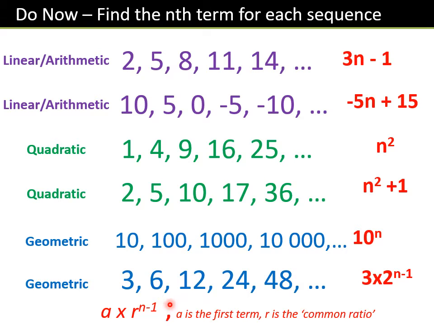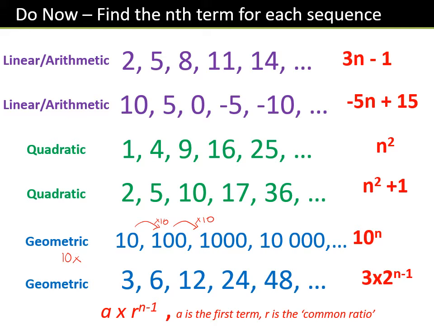That comes from this formula, a times r to the n minus 1, where a is the first term and r is the common ratio. Don't worry too much if you've forgotten that. We are coming back to that and we'll be using it again. The one just above it is the same formula. My first term is 10. My common ratio is also 10.